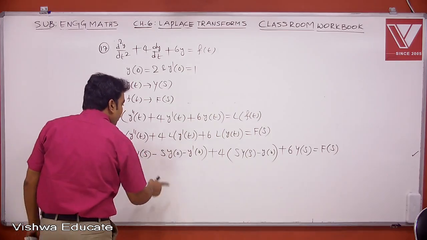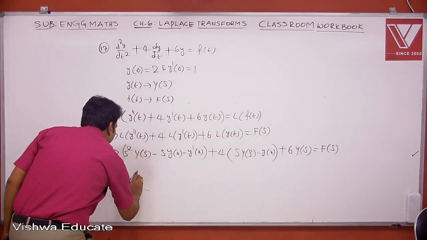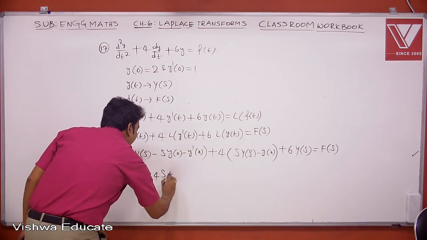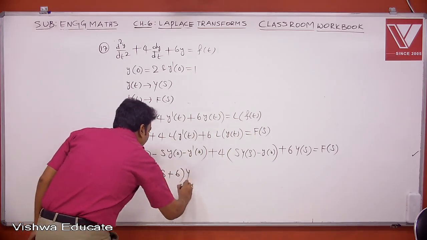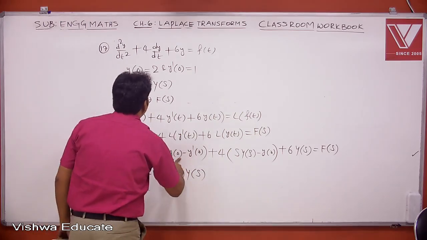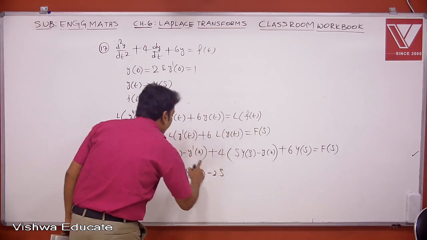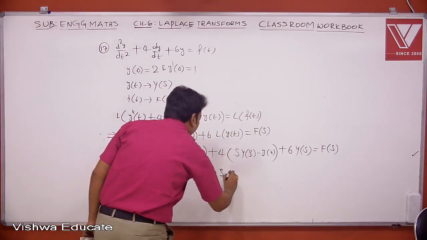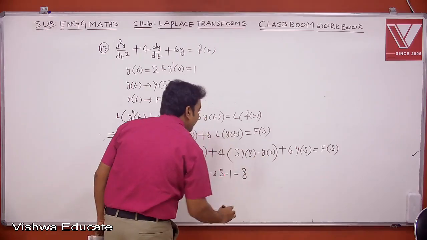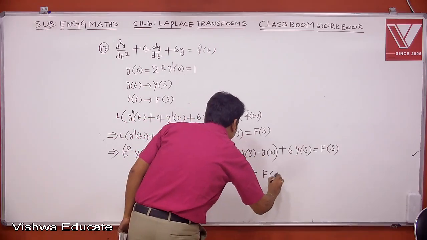So before that you can group Y of s terms. So s square plus 4s plus 6 into Y of s. This y of 0 is 2. So therefore this is minus 2s. Y dash of 0 is 1. Minus 1. 4 into y 0, this is minus 8, equal to F of s.